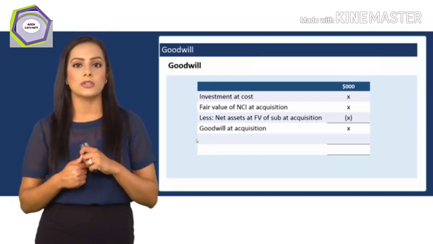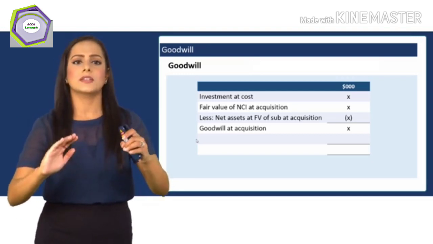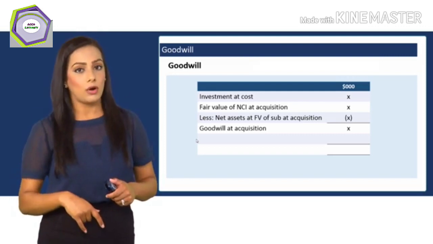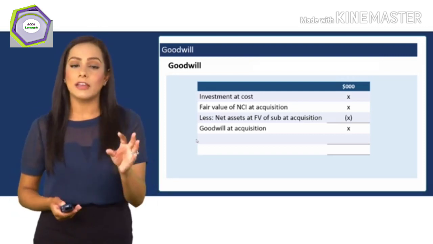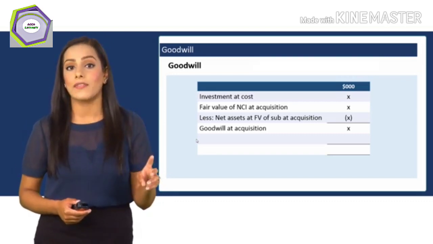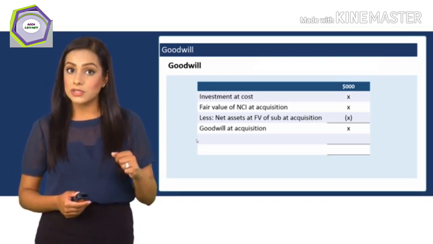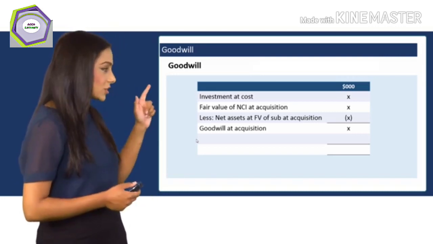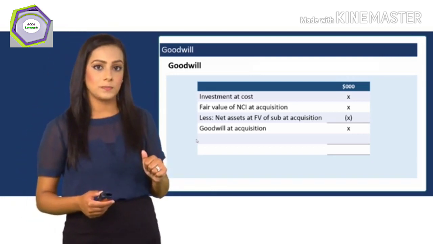That's investment at cost. But the remaining 30%, what was that value when I bought the subsidiary on that date? So what was the market value of the remaining 30% on the day the parent acquired the subsidiary? This is called fair value of NCI at acquisition, and this is added to the investment at cost.